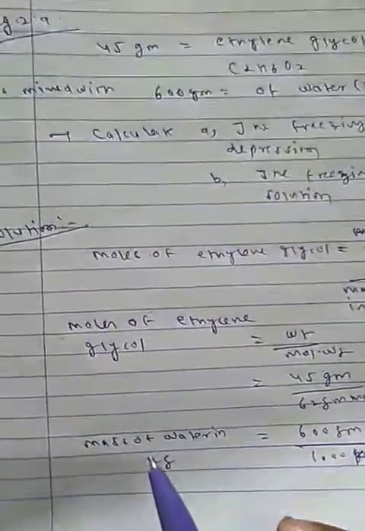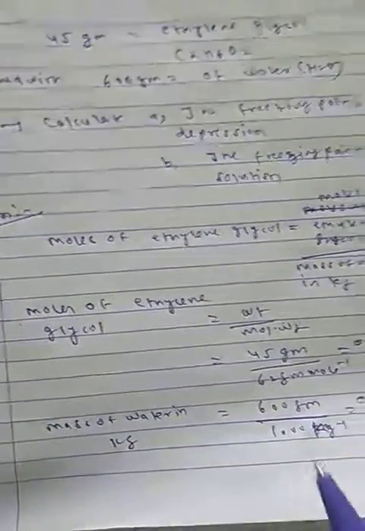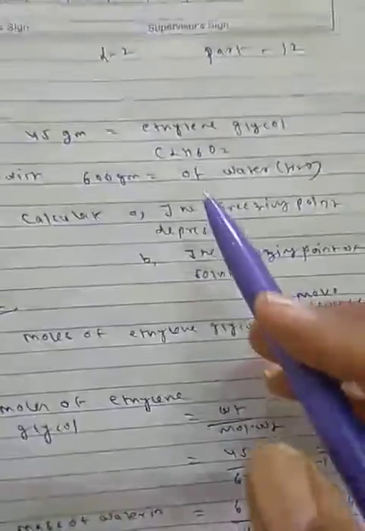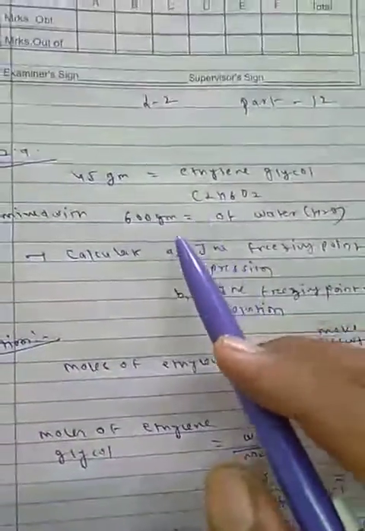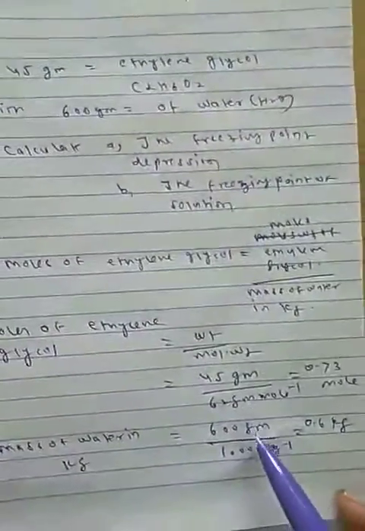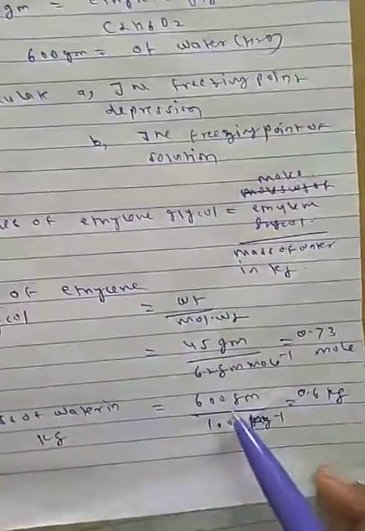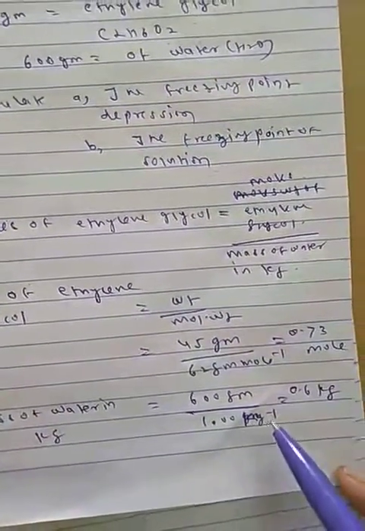Okay. Now we have to find the mass of water in kilograms. It is given in grams, so grams has to be converted into kilograms. 600 divided by 1000 is equal to 0.6 kilogram. Now what we have to find? We have to find the molality.